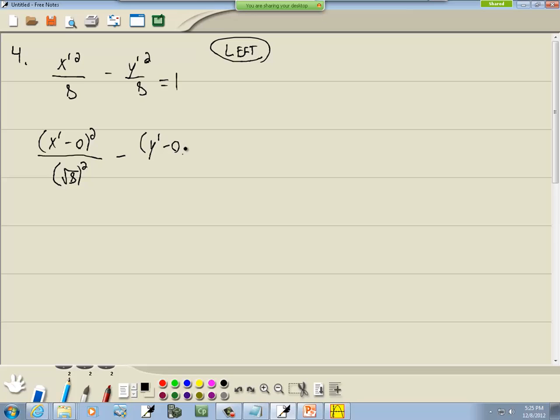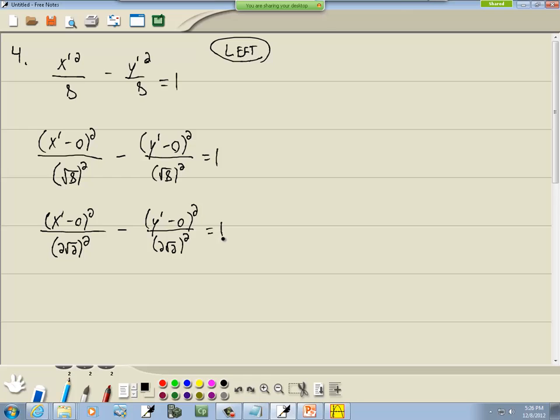This will be y prime minus 0 squared, and then this will be the square root of 8 squared equals 1. So this will be x prime minus 0 squared. This simplifies a little bit. 2 square root of 2 squared minus y prime minus 0 squared over 2 square root of 2 squared.